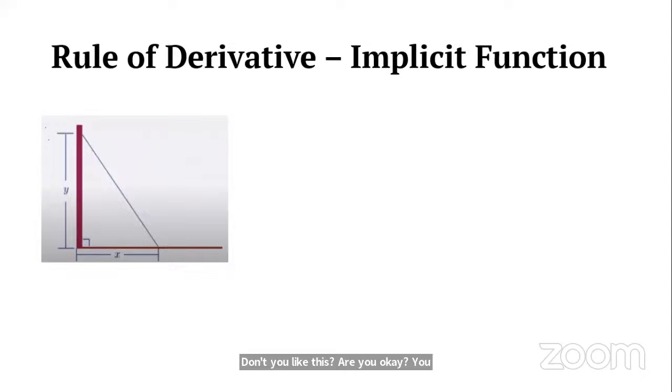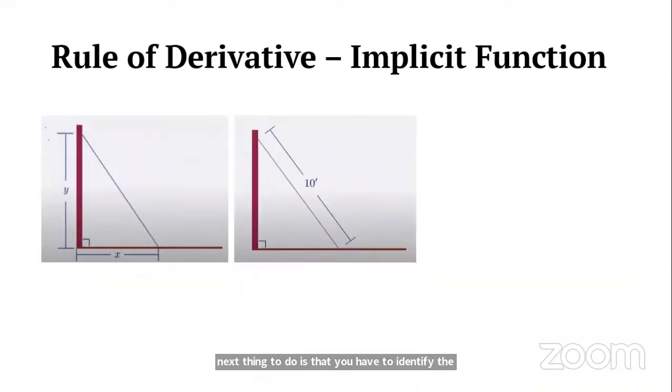Now, the next thing to do is to identify the terms given to you. They said that the ladder is 10 feet. So this is our 10 feet. This is the ladder here. This is your ladder.